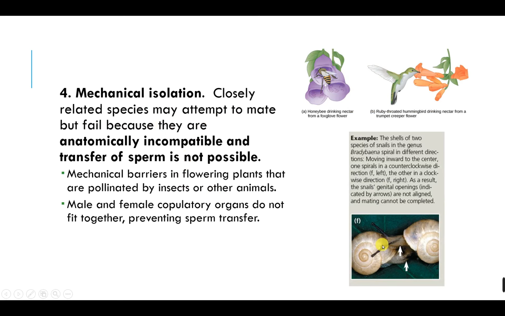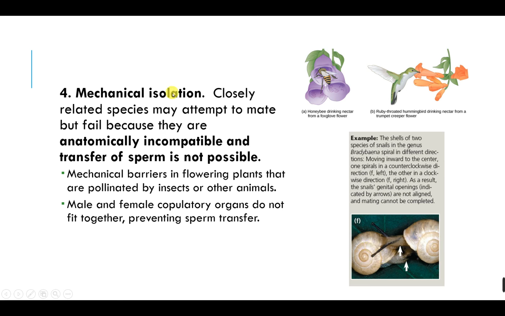For example, these two snails. If you look at the pattern, one of them is clockwise, the other one is counterclockwise. As a result, when they try to mate, the sexual organs of these two species don't fit well, so they cannot exchange sperm and eggs. So this is called mechanical isolation.